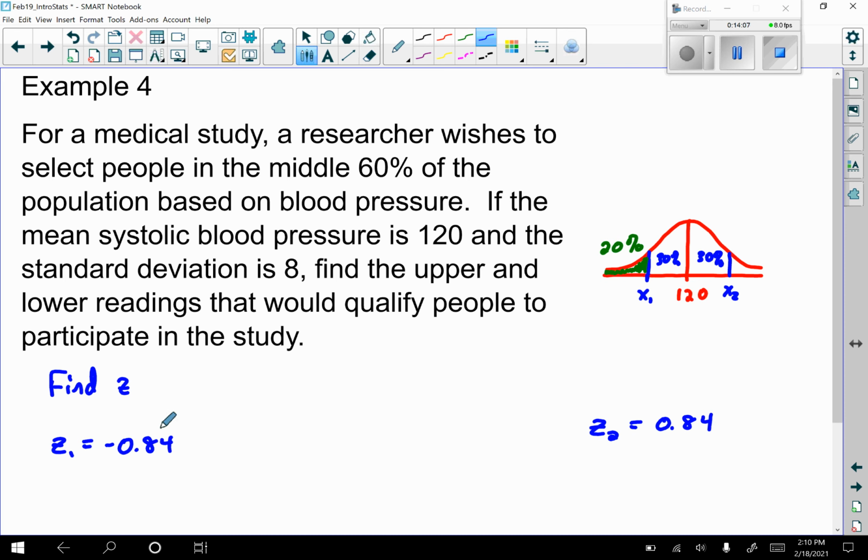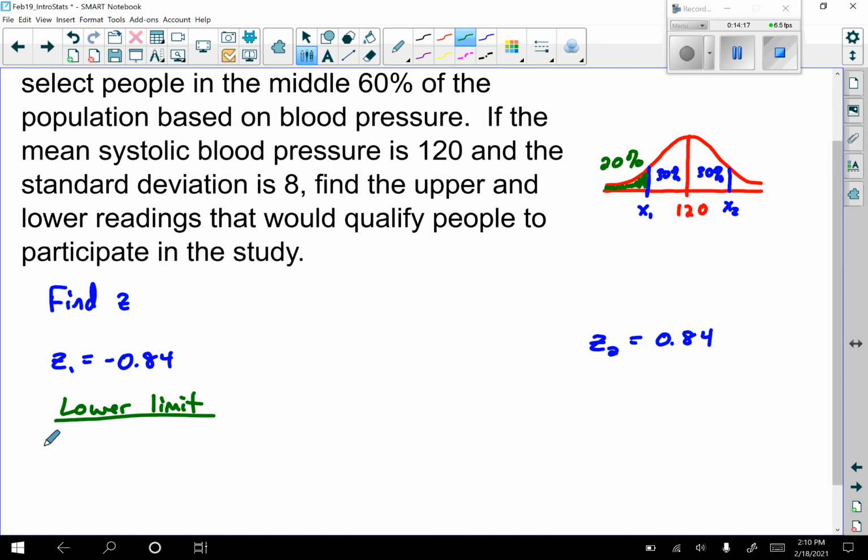So over here, this would give us our lower limit. So we want to find the X value. So again, we're going to say X sub 1 is going to equal, remember it was Z times our standard deviation, which is 8. So we're going to have negative 0.84 times 8 plus our 120.